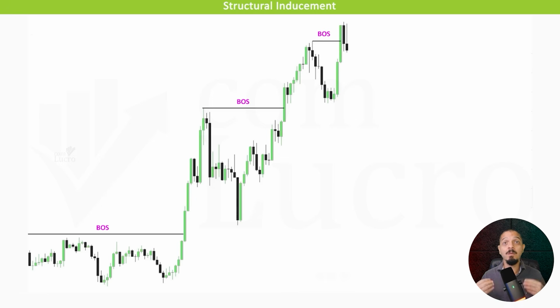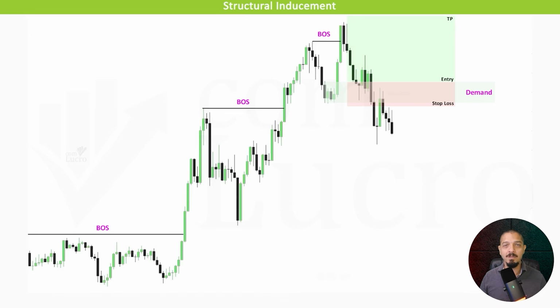In this example, price is trending higher and continues printing bullish breaks of structure to the upside. However, when we focus on the most recent break of structure, it initially appears completely valid. Price breaks and closes above the swing high. Naturally, this leads traders to expect buy setups at the demand zone or order block that cause that break.